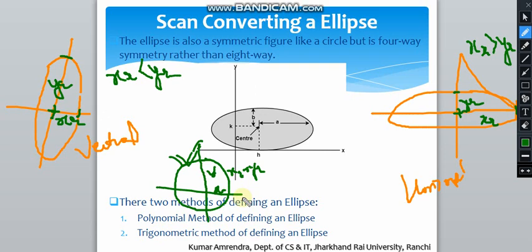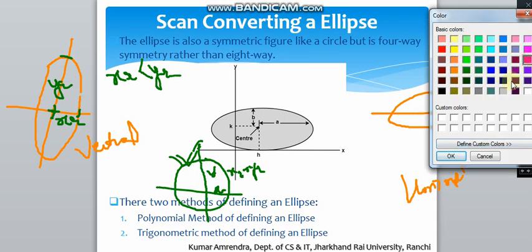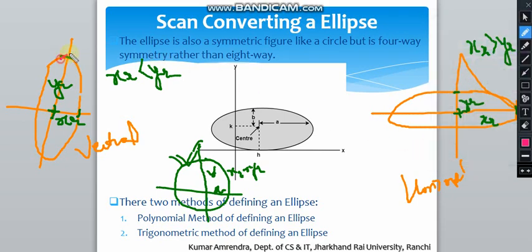First of all we have to make the first octant or first quadrant. We will start from 0 comma yr, and we will go in the clockwise direction till xr comma 0. तो स्टार्ट पॉइंट क्या होगा क्वाड्रेंट 1 का 0 comma yr, and the end point is xr comma 0.